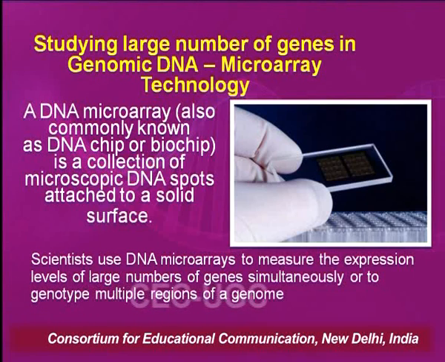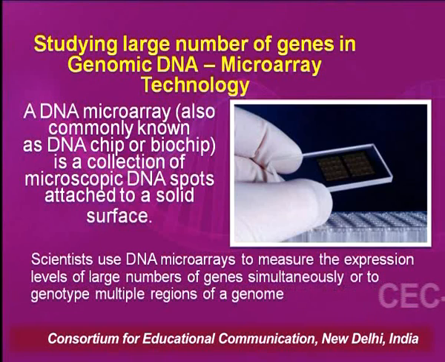In genomic data, we study many genes at one go, and if we look at a DNA microarray, it is like a glass slide which we observe under a microscope. It has many grooves, and it is also called a DNA chip. In these grooves, oligonucleotides referring to genome data are attached.